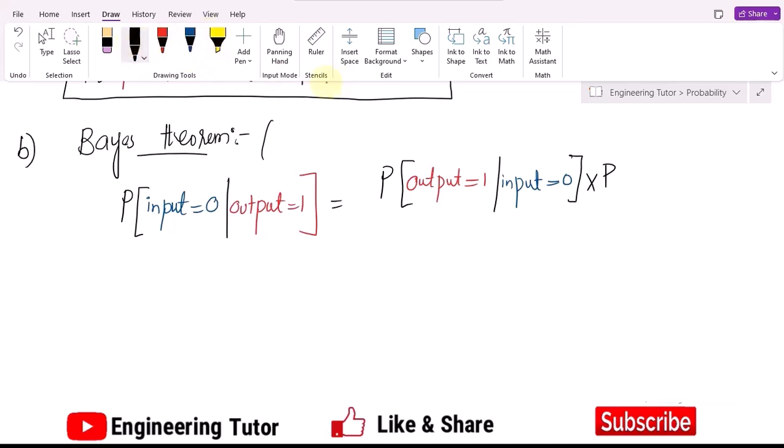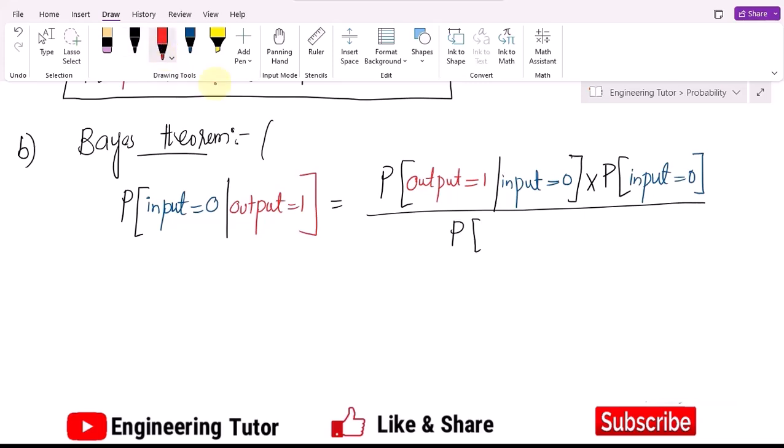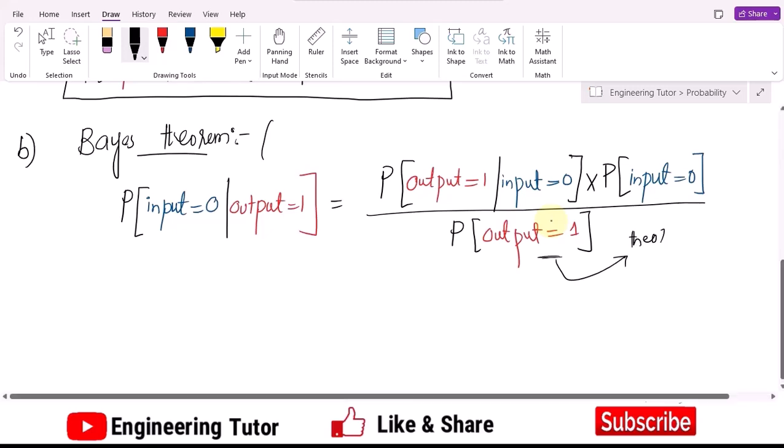Then divide it over this term, the probability of output equal to 1. Again, I have to use the theorem on total probability.